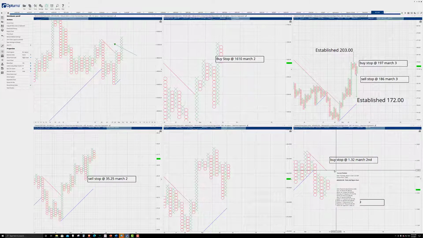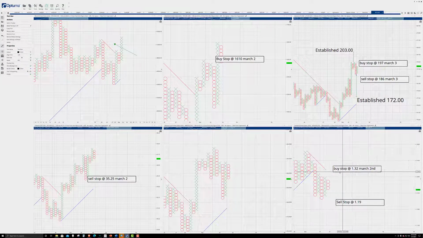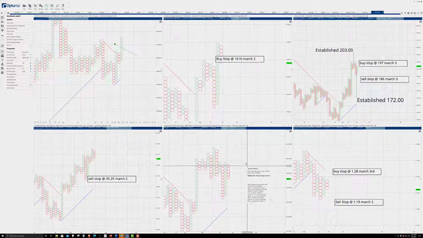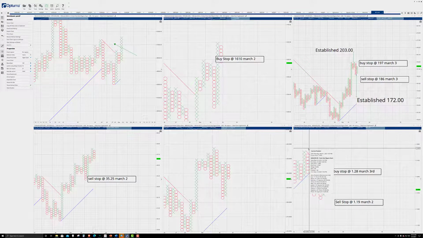We're going to look at a buy stop at 128 now, adjusting that lower, so we have a 4-cent drop there. And we'll just say that was March 2nd we did that.